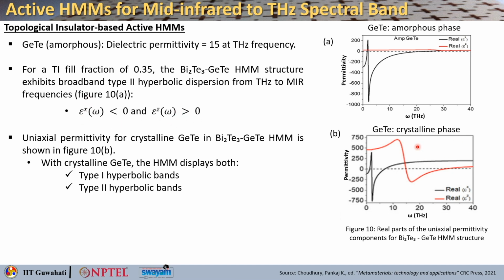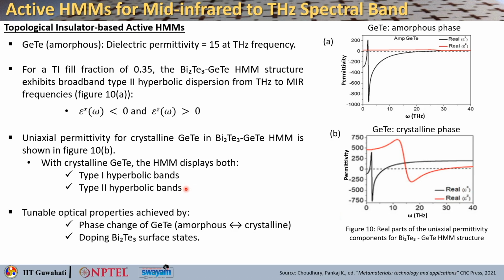Okay. For the germanium telluride in crystalline phase, the permittivities are plotted here. So, here you see that when you have crystalline phase, the HMM will display both type 1 and type 2 hyperbolic bands, and that is a very unique property. Okay. So, what are the applications?